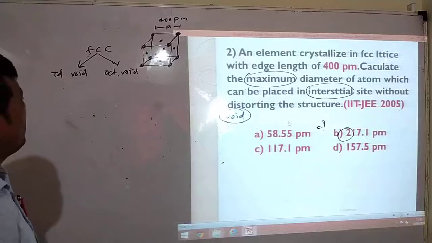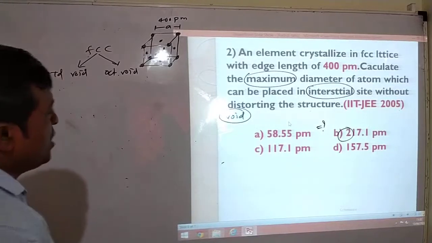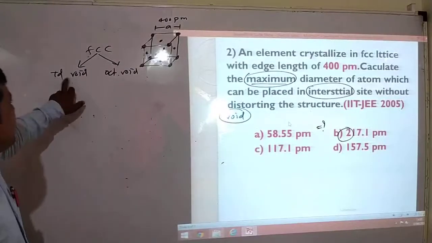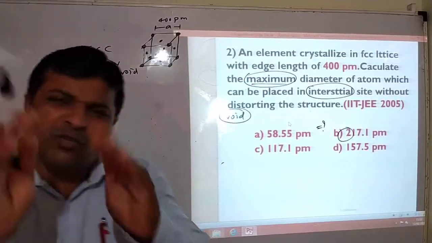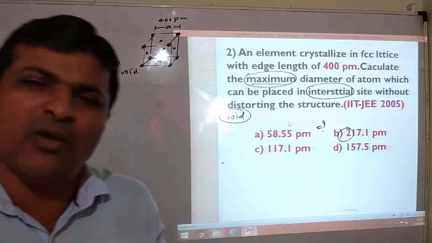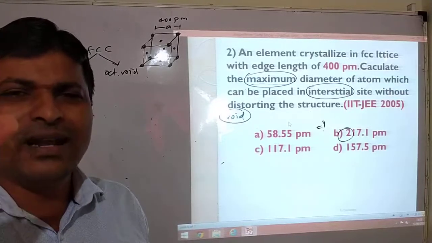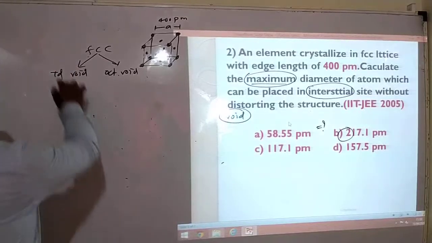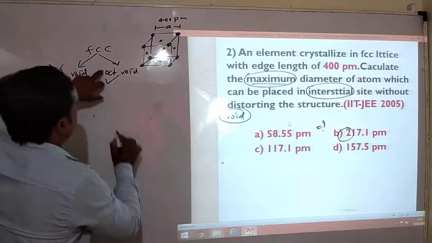If you look at the word maximum, tetrahedral void has smaller size than octahedral void. So you have to place the atom in which void? Octahedral void. Neglect tetrahedral, go to octahedral void.